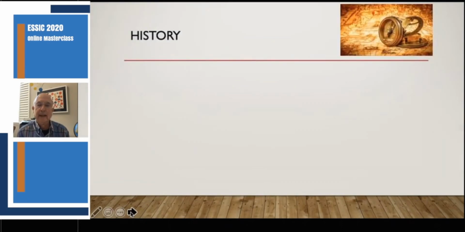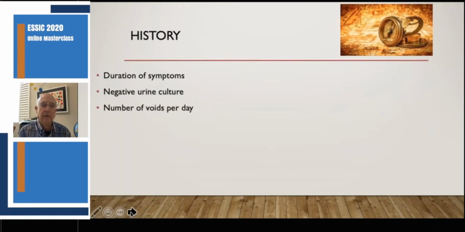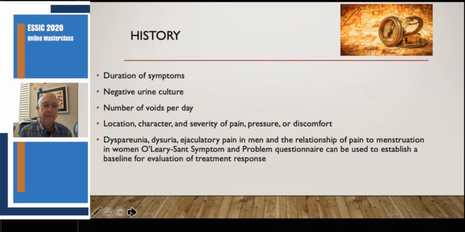But by taking a good history, looking at duration of symptoms, the absence of positive urine cultures, the number of voids per day, the location, character, and severity of pain, pressure, or discomfort, and findings of dyspareunia, dysuria, ejaculatory pain in men, and the relationship of pain to menstruation in women, looking at the results of O'Leary symptom and problem questionnaires, you can narrow it down pretty quickly and say that those confusable diseases are likely not causing the symptoms, and this is IC/BPS or bladder pain syndrome.